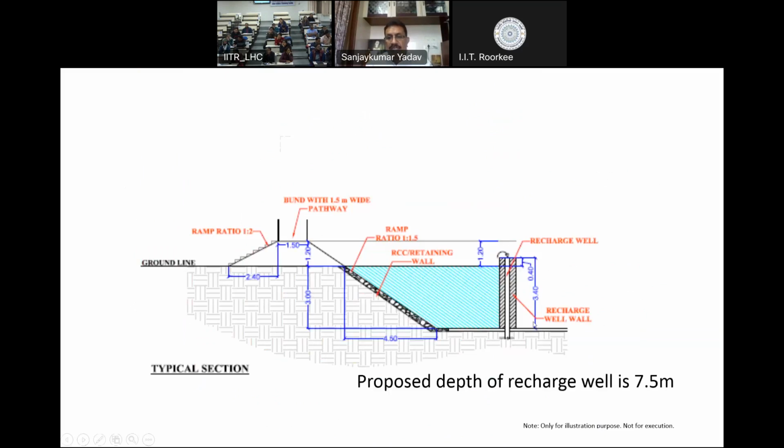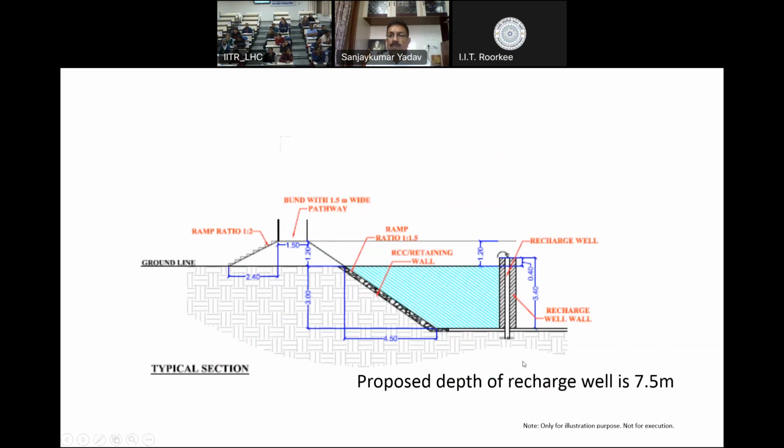When the water level rises, not up to overtopping but beyond a certain level, what will happen? The water will start overflowing from the pond. So this is the proposed depth of the recharge well, as we have identified from the geological investigation, that is 7.5 meter, that has been provided over here.